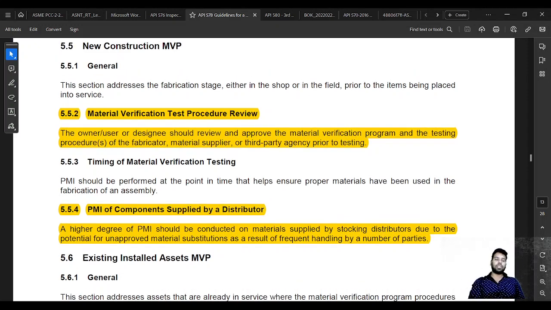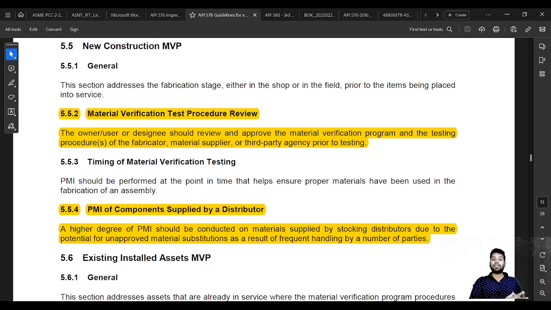Again, new construction material verification program. For new construction, you'll generally need to have a material verification program because this is going to act as the reference for whatever happens on the equipment later on. You'll have a result which will show you what the original condition was. This section addresses the fabrication stage, either the shop or the field, before the items are placed into service.